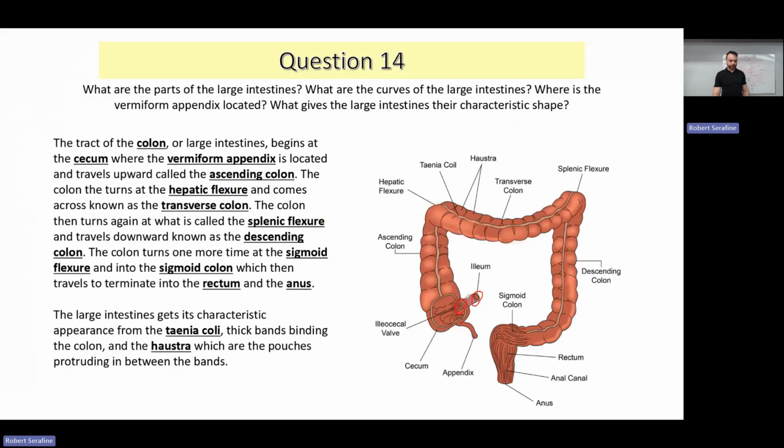Here we can see the ileum of the small intestines, and then we have the ileocecal sphincter. Then we have the first segment of the large intestines called the cecum. The cecum is just a little pouch at the very beginning of the large intestines, aka colon. Off of the cecum hangs what we call the vermiform appendix, or usually just the appendix.